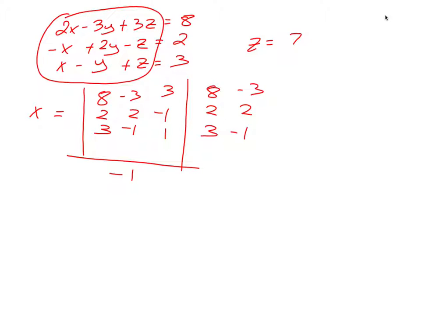Alright, so 8 times 2 times 1, 16. -3 times -1 times 3, 9. 3 times 2 times -1, -6. So that gives me 19. 3 times 2 times 3, 18. -1 times -1 times 8 is 8. 1 times 2 times -3, -6.